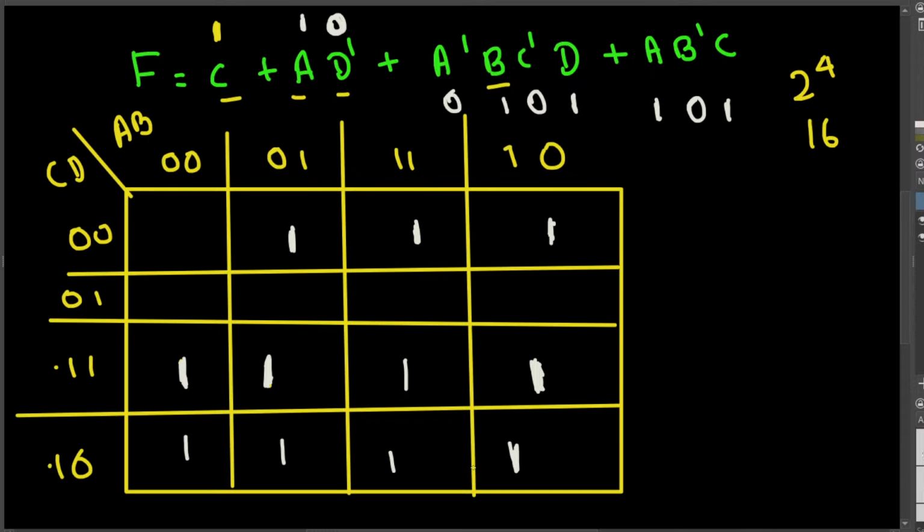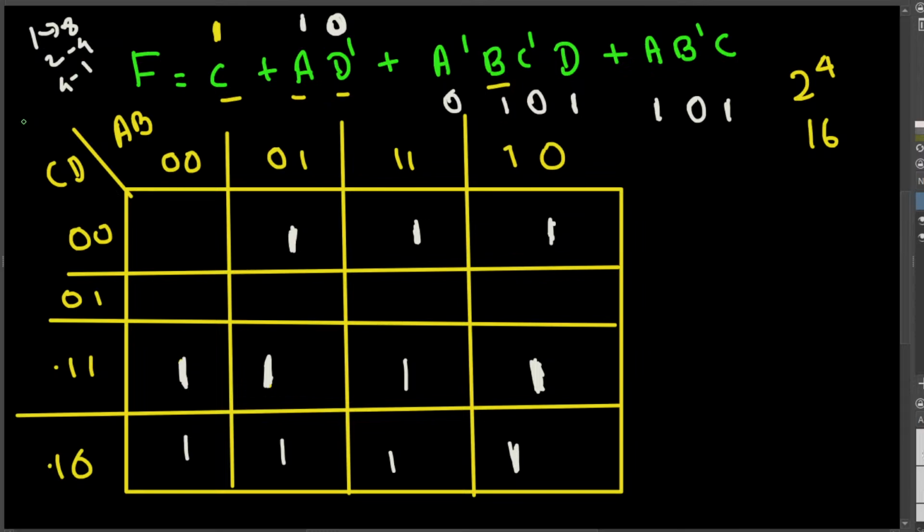Here also A is 1 and D is 0, but it's already taken care of. So when we have 1 variable, we have 8 locations. When we have 2, we have 4. When we have 4, we get 1.